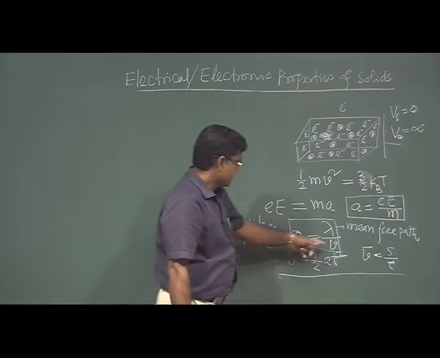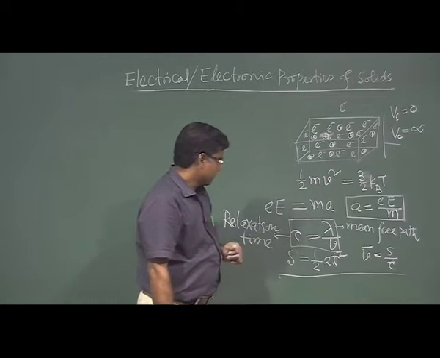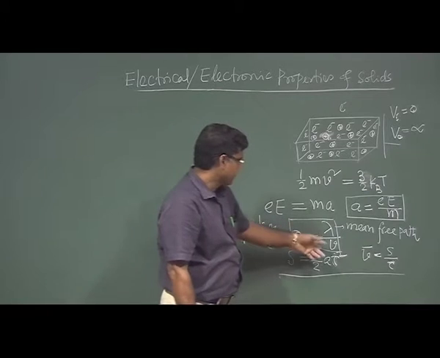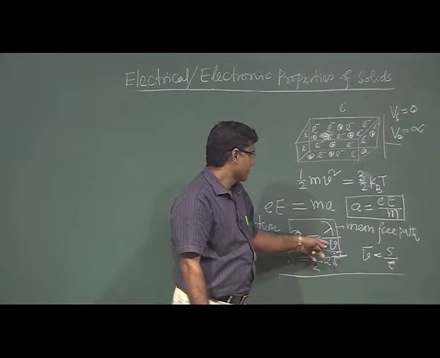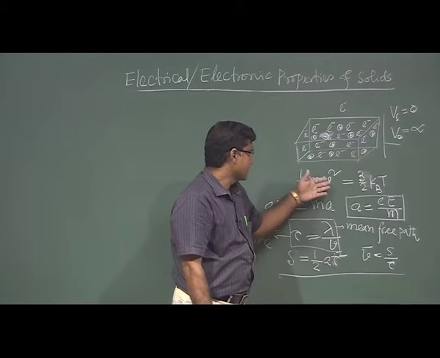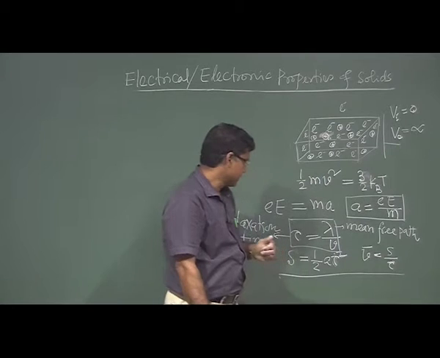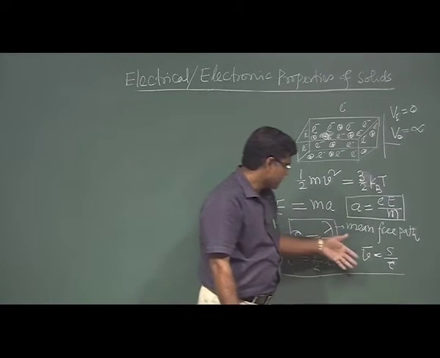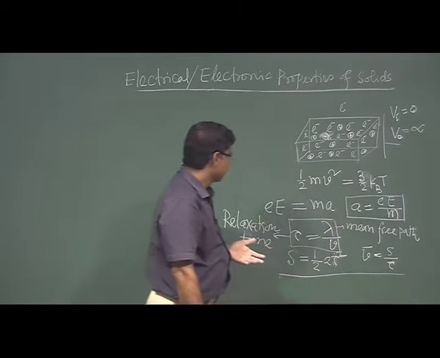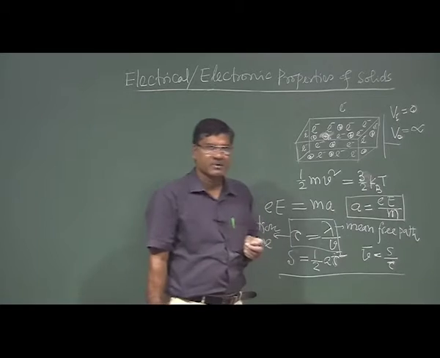Now, this velocity is basically this velocity, and before applying the electric field, this is the velocity, right. From kinetic theory one can get the velocity, which depends on the temperature, and then the velocity after applying the electric field is called the drift velocity.